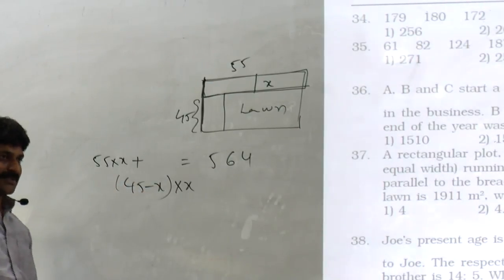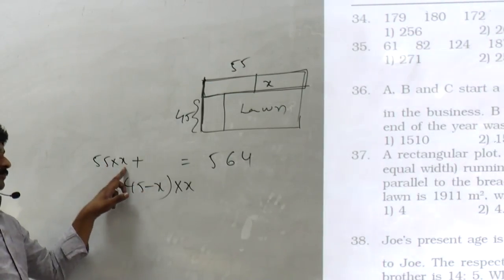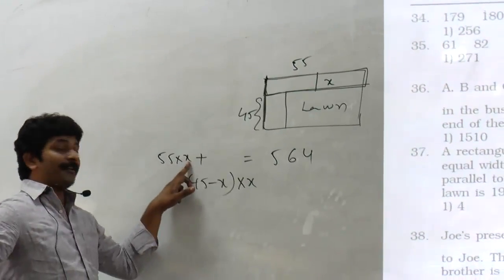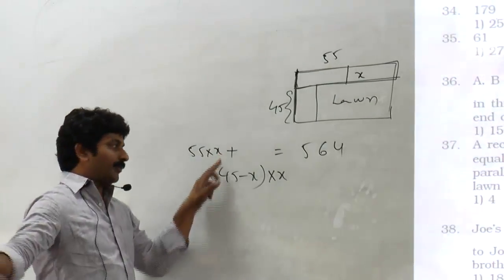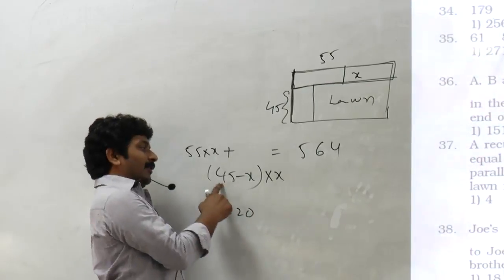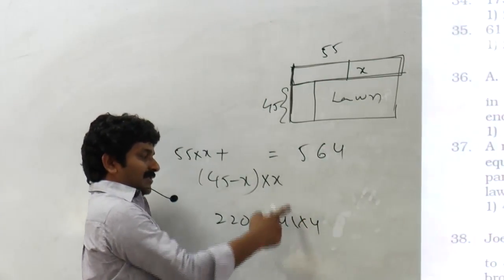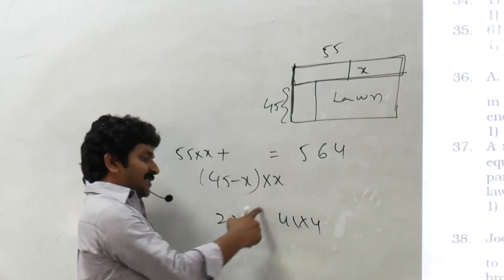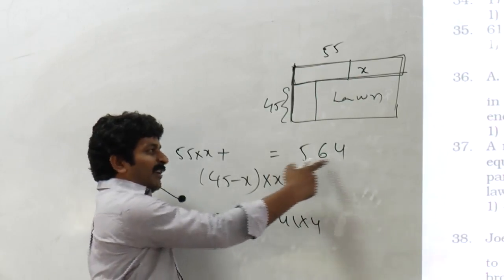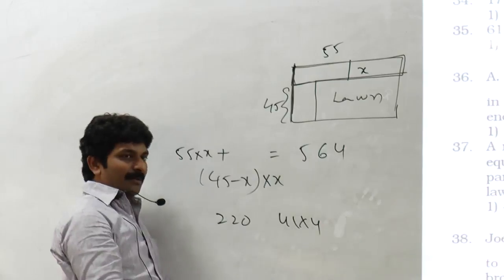Let me go for options. If it is 4, 55 4 times, 220. 45 minus 4, 41. 41 4 times. This is somewhere around 160 and this is 220. But here we have 564. It will definitely be more than that.